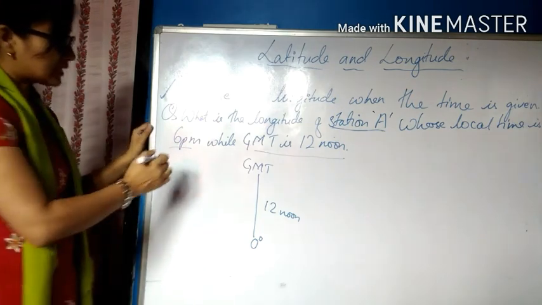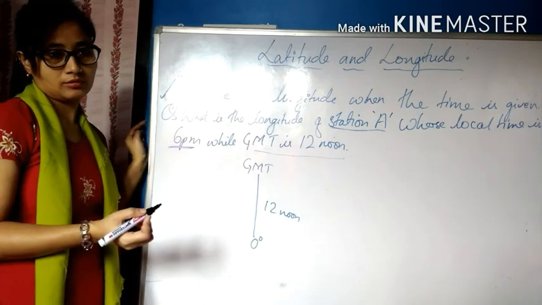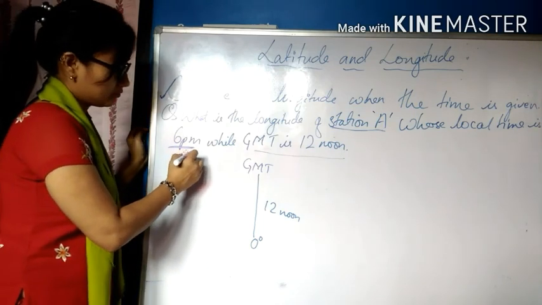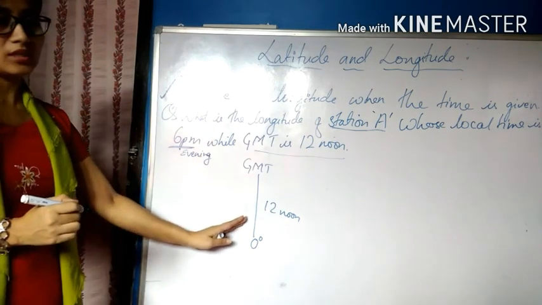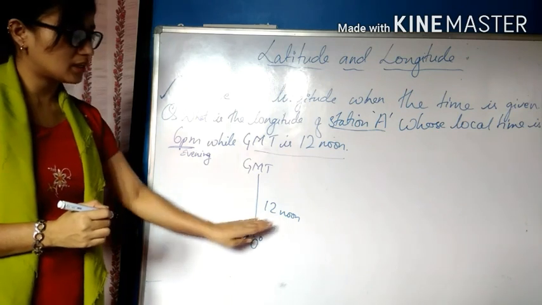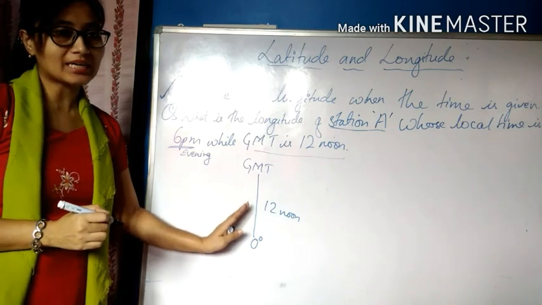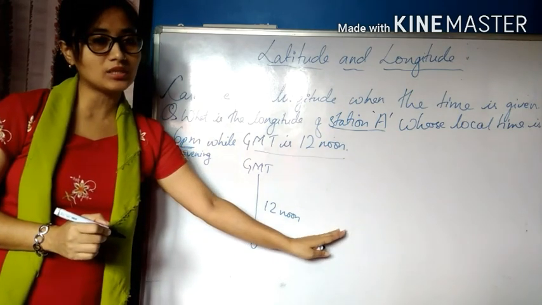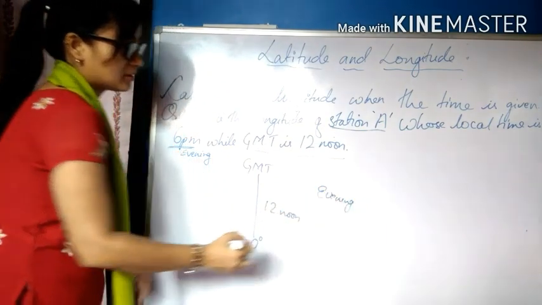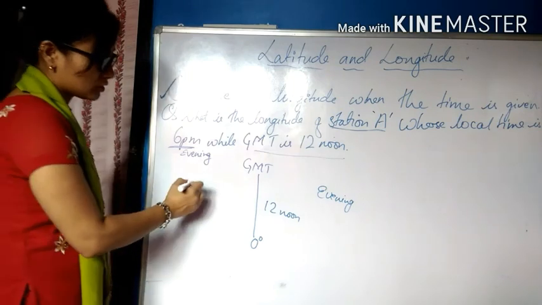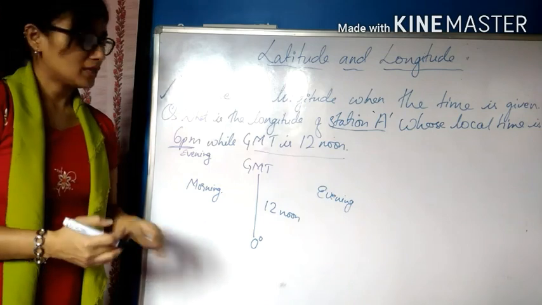So, the time 6 PM, is it evening or morning? It is evening. If the time at GMT is 12 noon, it is midday. So, the places that lie on the eastern side of GMT will have evening, and the places that lie on the western side of GMT will have morning. Why?